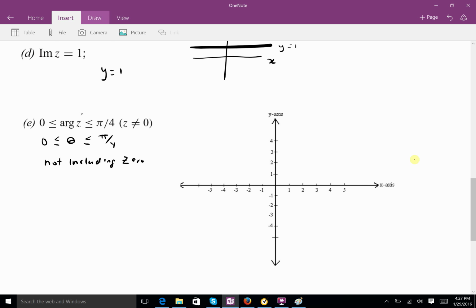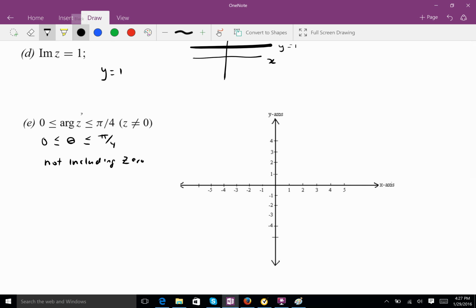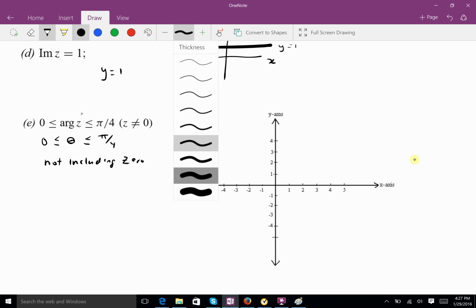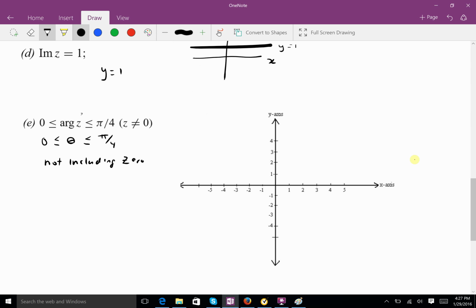So here's what I know, and here's why we have to be a little careful. This is the line theta equal to 0, right here. And the line y equal to x is the line theta equal pi over 4.